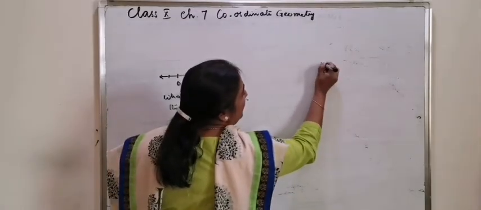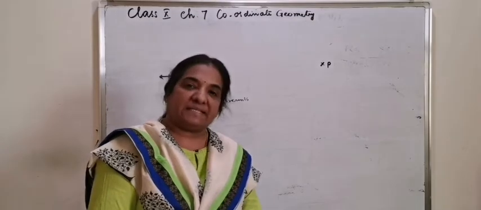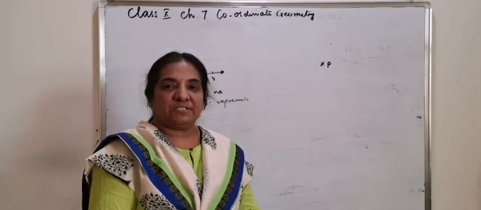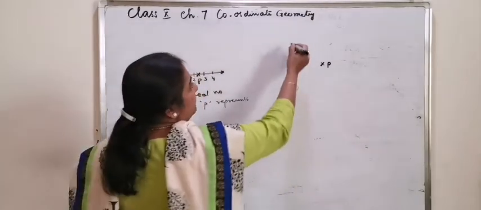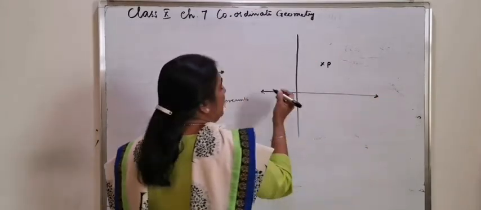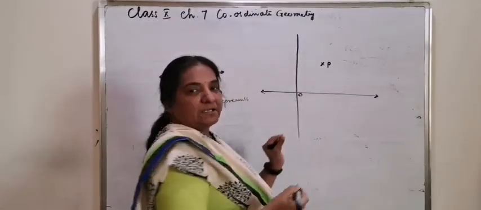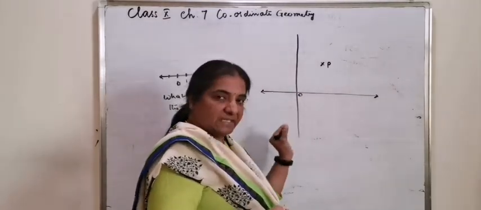Suppose you are given a point P in a plane. We represent the position of the point by plotting two perpendicular number lines with the meeting point as the starting point O or 0.